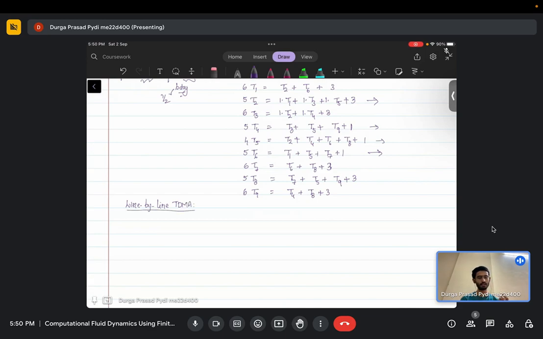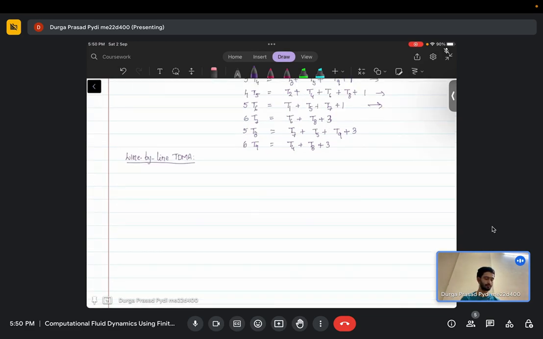So we fix along one direction: we take Gauss-Seidel along one direction and TDMA along the other direction. Suppose we take Gauss-Seidel along x and TDMA along y.